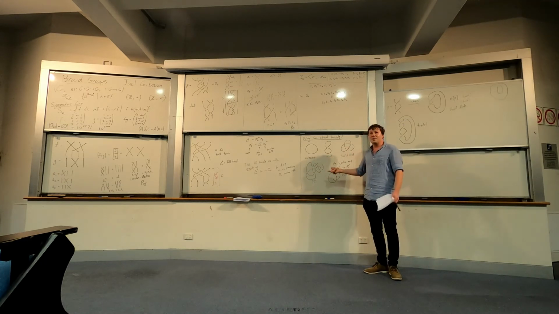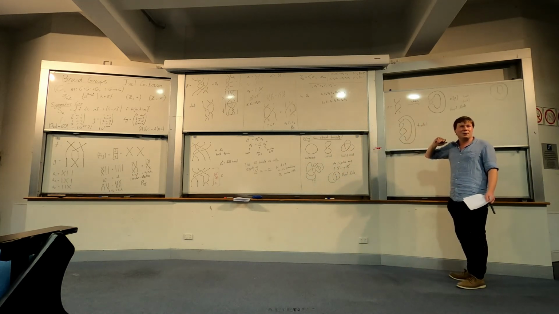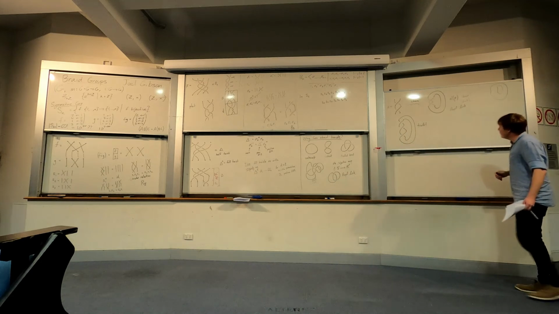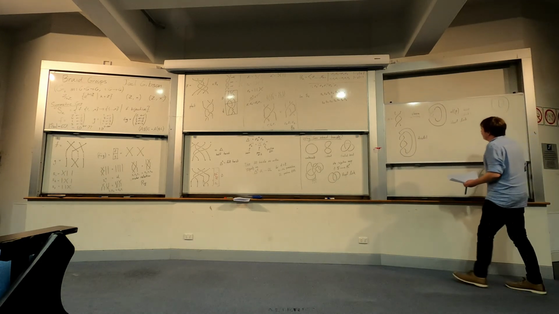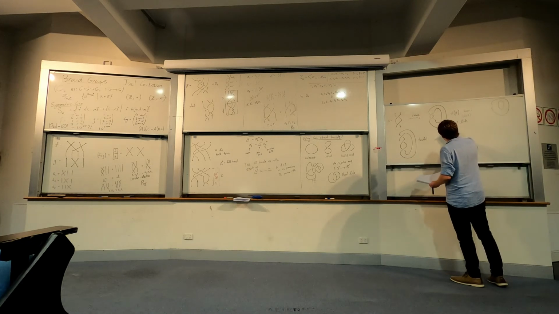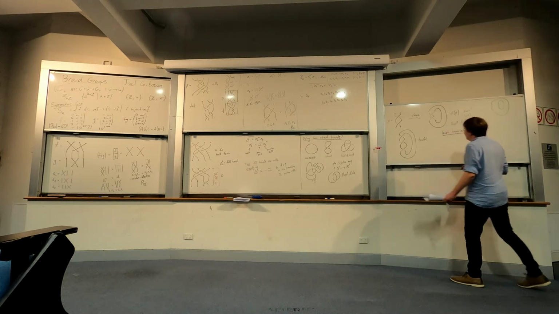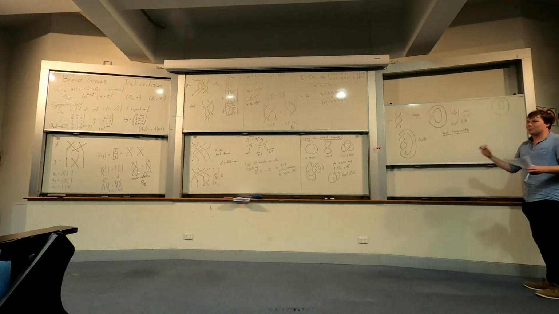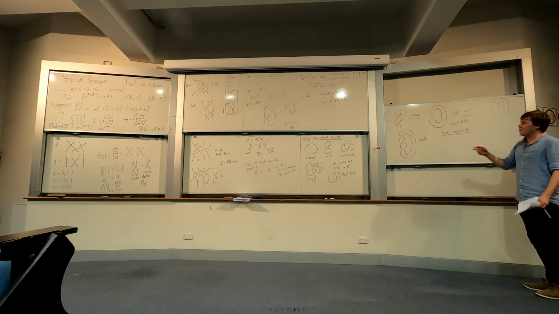Or is there some machine that I can feed this into and it will just tell me whether that's the trefoil knot or not? So there's this whole realm of knot invariants, which are meant to be machines that you plug knots into and they give you something, but that something should only depend on the kind of knot they are.